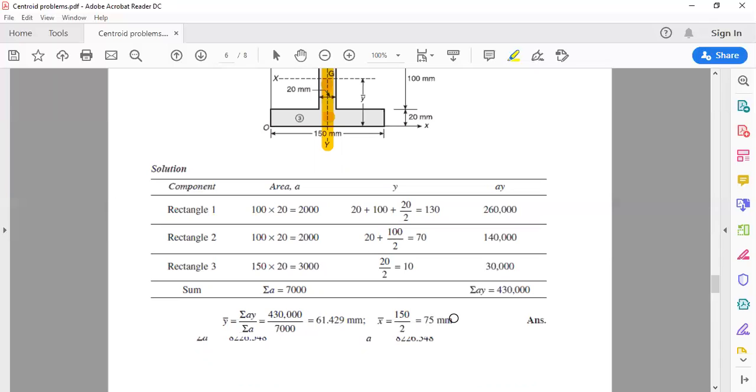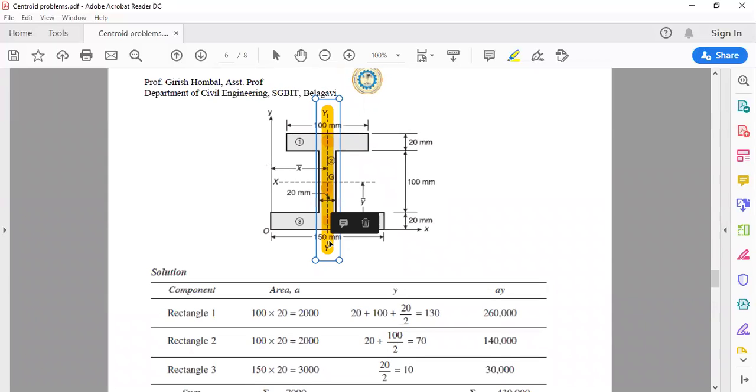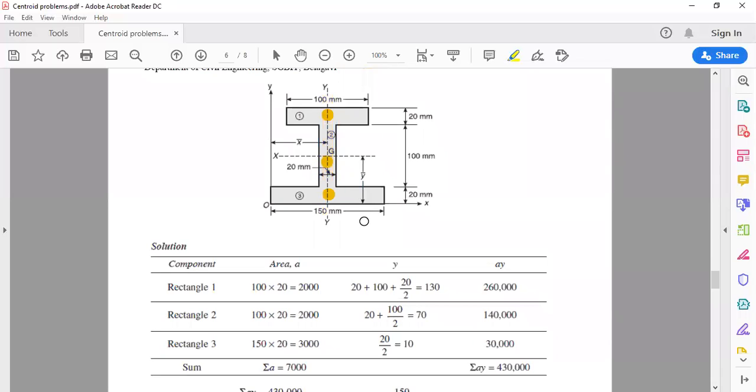Now, let us calculate the Y bar. Y bar is individual rectangle, individual y bar. So, what is the area of the first rectangle? Area of the first rectangle is 100 into 20. Next, individual y bar, or y1, what we can call. What is y1?